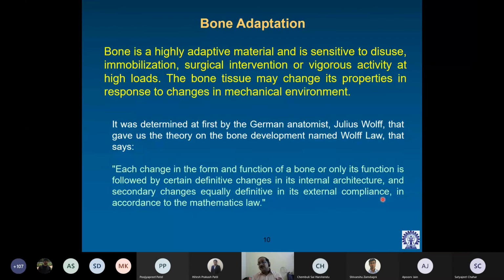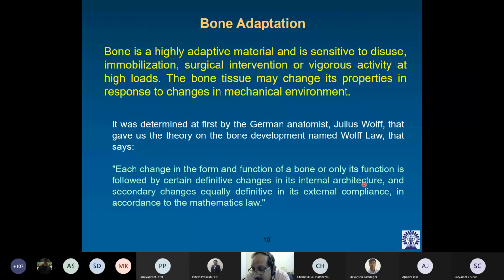And when we talk about external compliance, we mean that the thickness of the cortical bone, the cortical layer, can increase or decrease depending on the mechanical environment. Okay, so both things can happen. But generally speaking, when a person has reached adulthood, the change in external compliance is more prevalent in the growing age, okay, between 10 to 18.